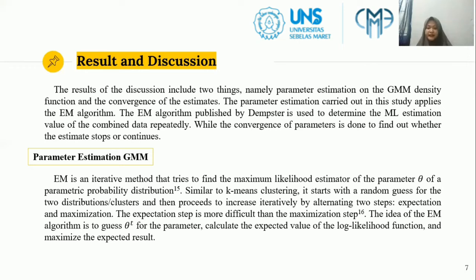The expectation step is more difficult than the maximization step. The idea of the EM algorithm is to guess theta t for the parameter, calculate the expected value of the likelihood function, and maximize the expected result.